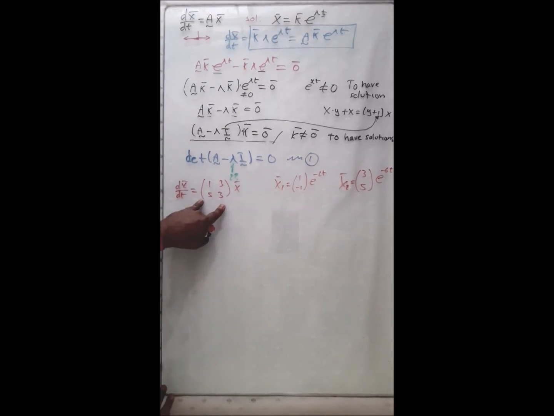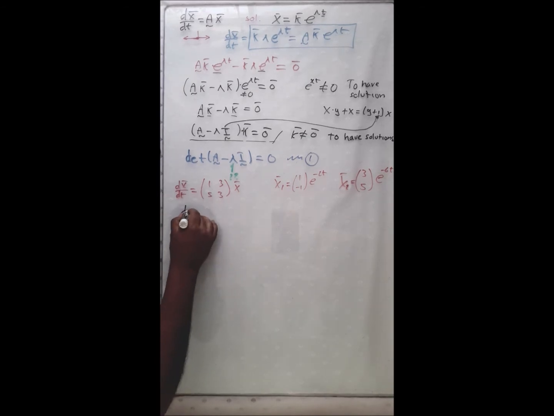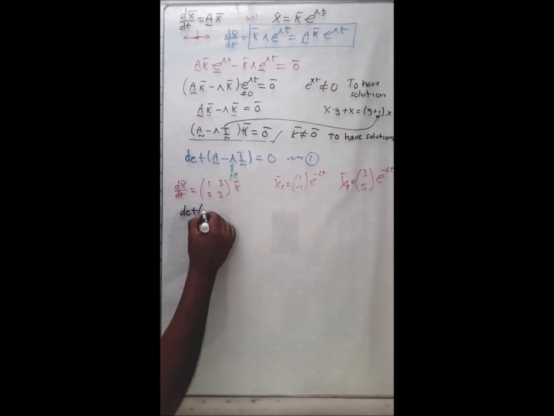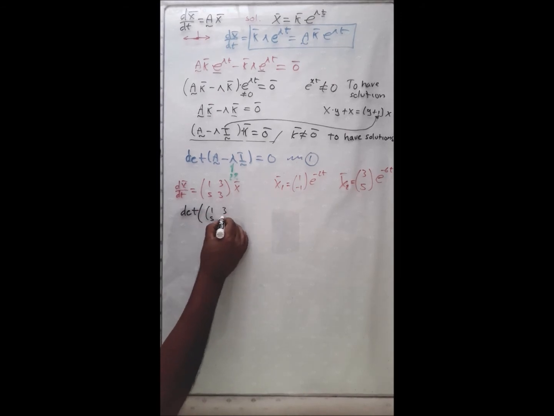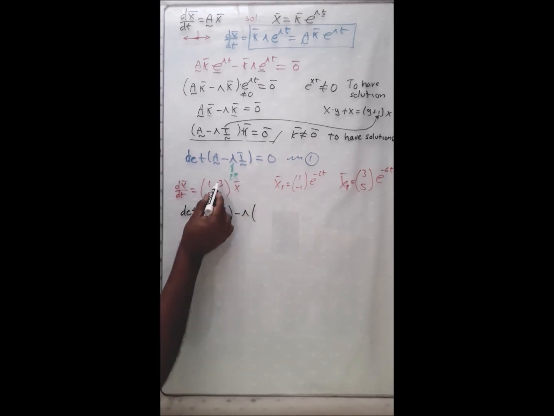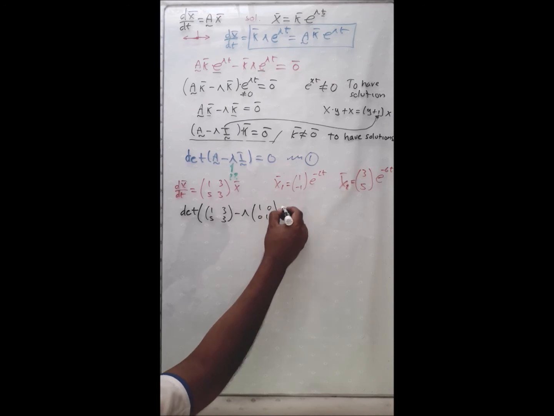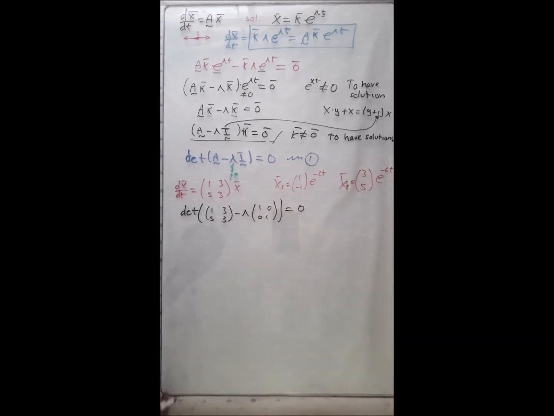This is the A matrix. So what you have here is the determinant of 1, 3, 5, 3 minus lambda times the identity matrix. Because this is 2 by 2, the identity matrix is 1, 0, 0, 1, and this determinant must be equal to 0.